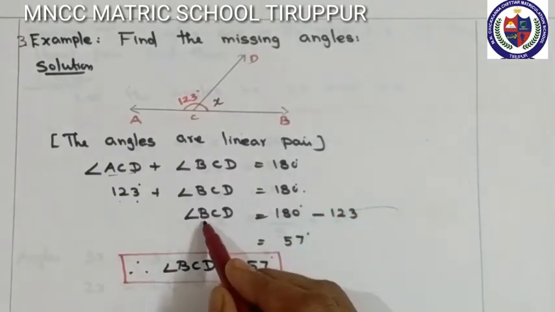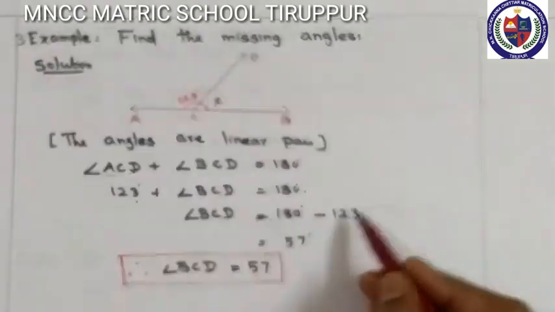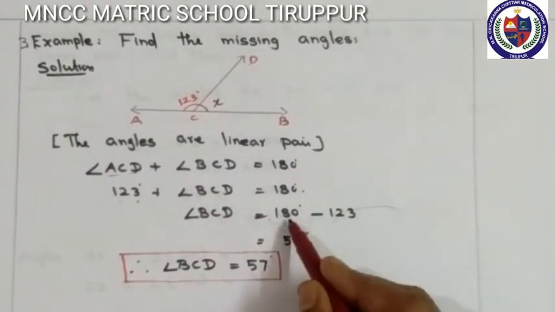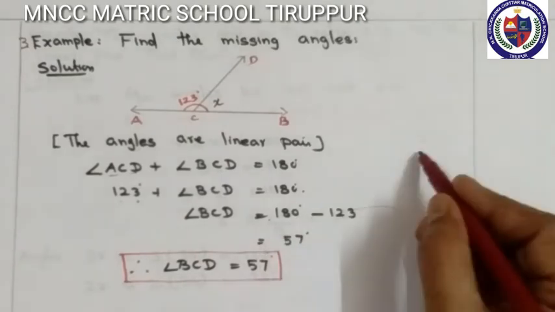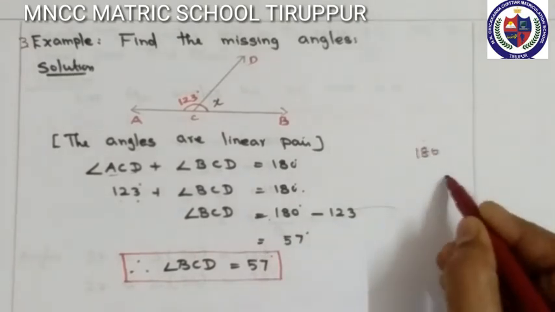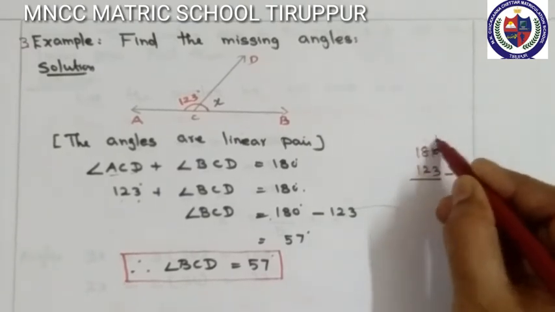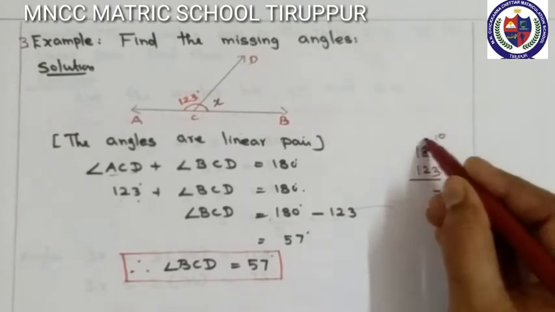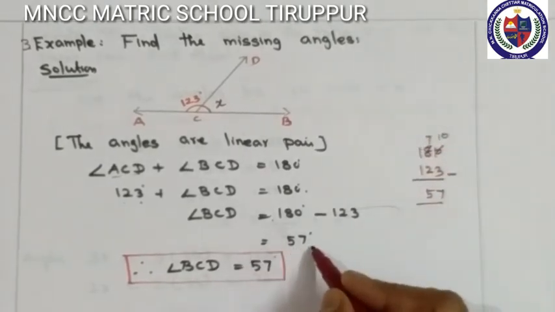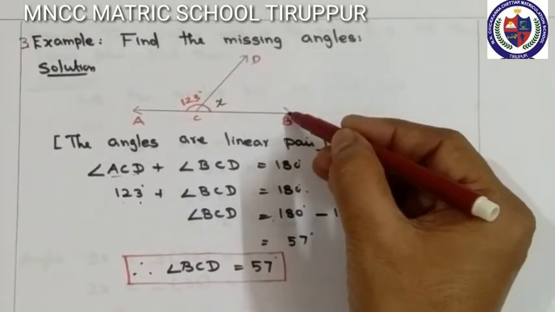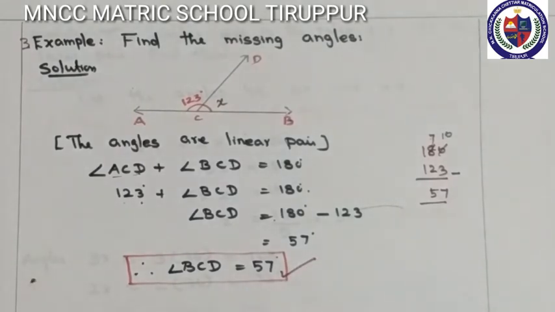ACD equals 123 degree, BCD we don't know. The sum of the two angles is 180 degree. So BCD plus 123 equals 180. Moving 123 to the other side, BCD equals 180 minus 123. Subtracting, we get 57 degree. So the missing angle BCD equals 57 degree.